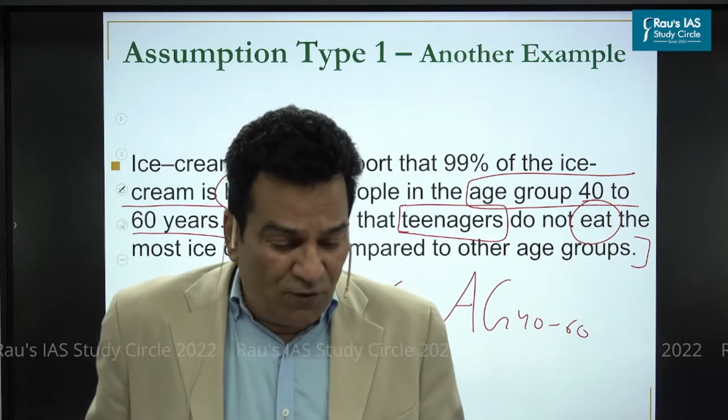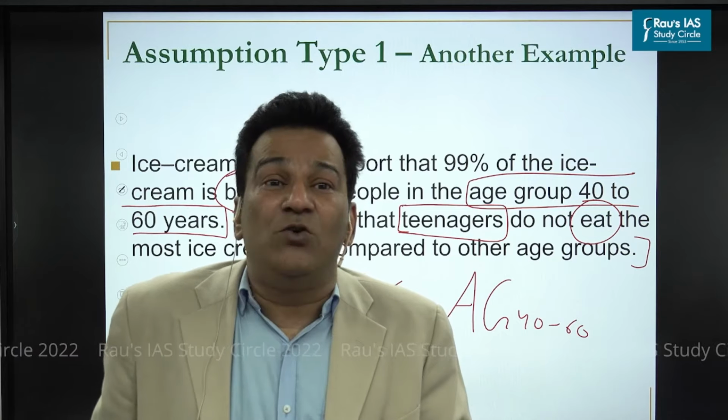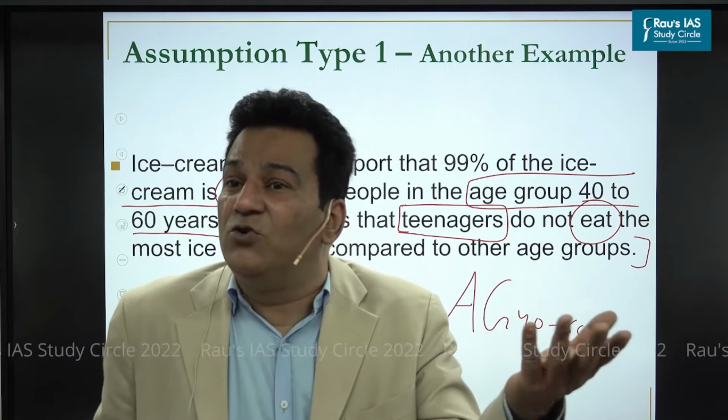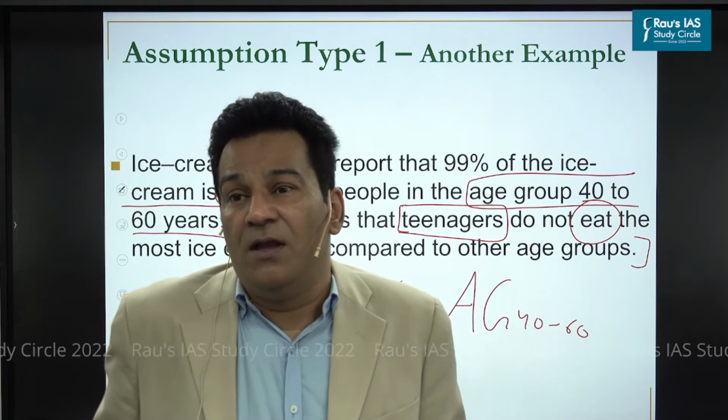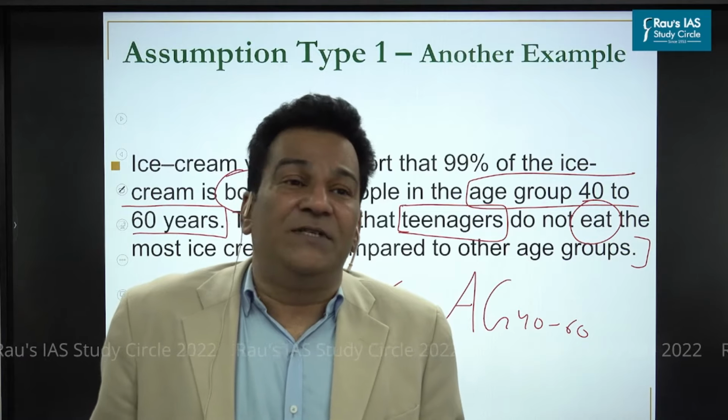Why? Because if all the ice cream is being bought by people in the age of 40 to 60 years and they're buying it for their own kids who are teenagers and they're sharing it with them, then teenagers may be the biggest group eating the greatest amount of ice cream. Second assumption out here is people who buy ice cream eat it themselves and don't share it with others.